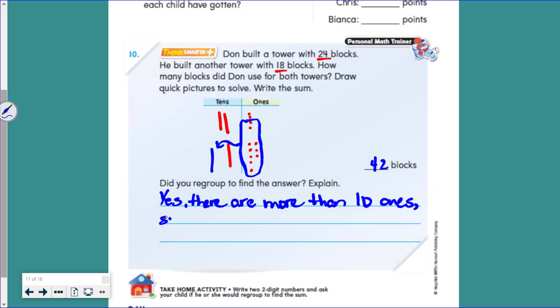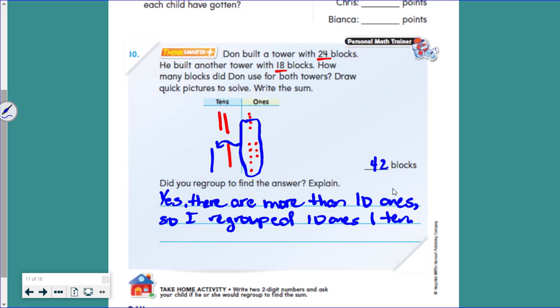So I regrouped ten ones into what? That's right, 1 10. 1 10. So pause your video, copy that down, and then I'll tell you what to do on the homework pages.